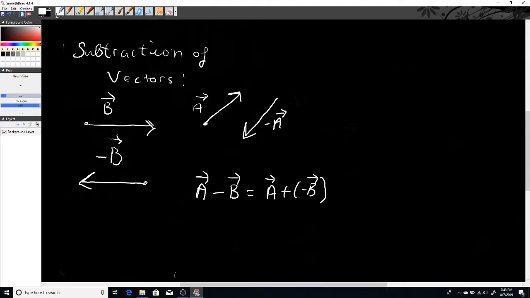And this means that, for example, if b in our vector notation had this x component in the i direction and this component in the j direction, the negative b essentially means that these components are negated.